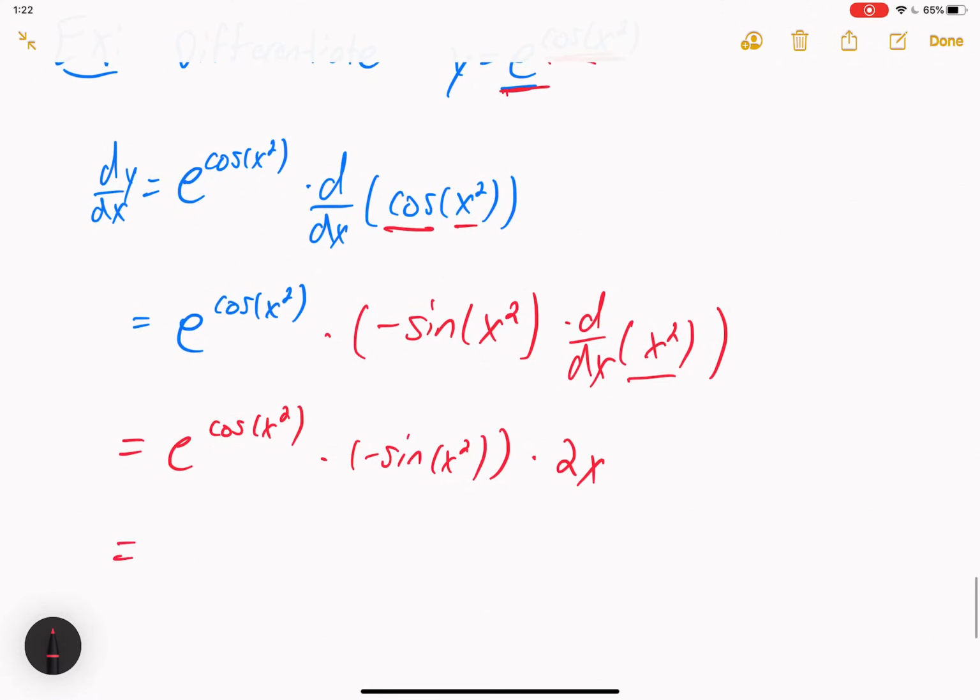So our final answer is just going to be e to the cosine of x squared, put that negative on the outside, sine of x squared times 2x.